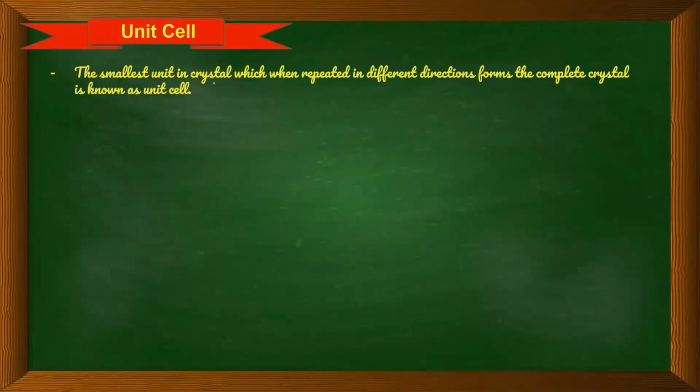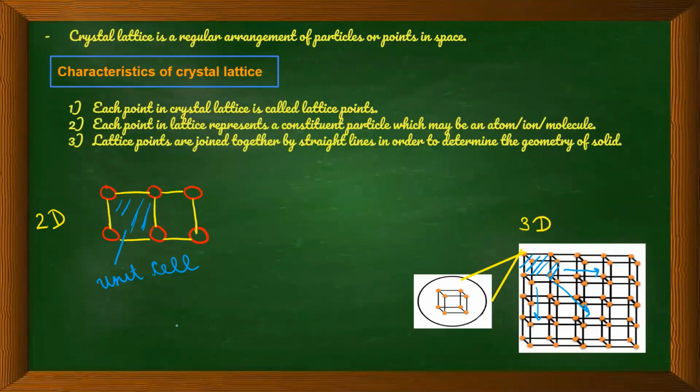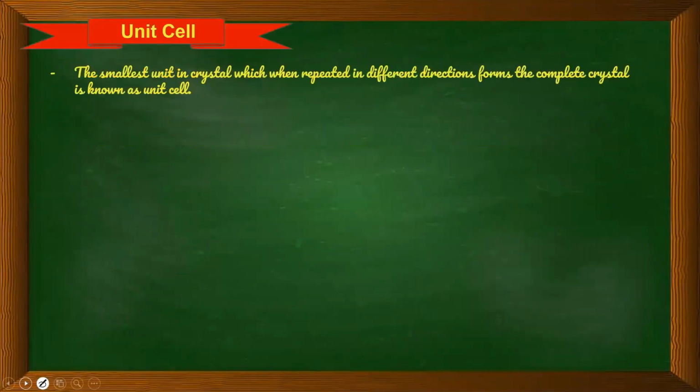The smallest unit in the crystal which when repeated in the different directions forms the complete crystal is known as the unit cell. As shown in the previous diagram, this small cube, this one cube, is the unit cell of this crystal structure. Now let us discuss what the characteristics of the unit cell are.